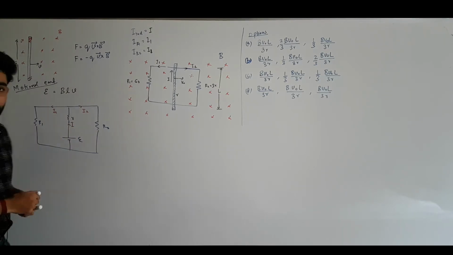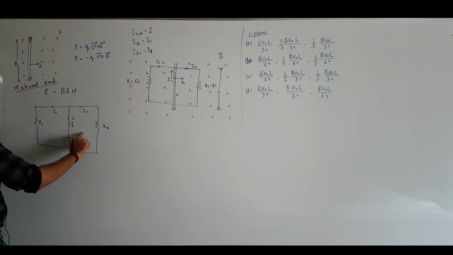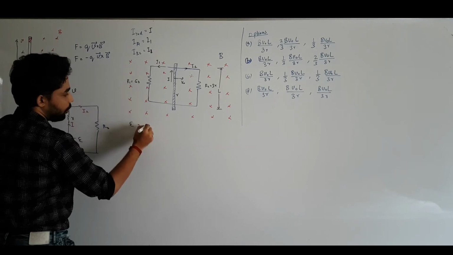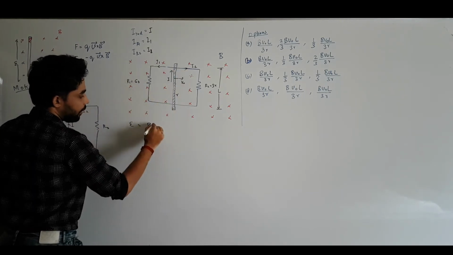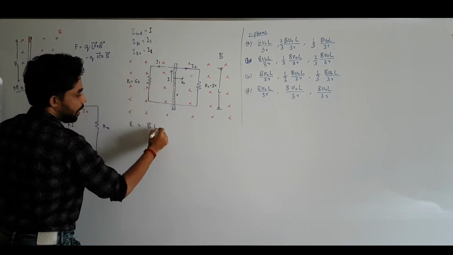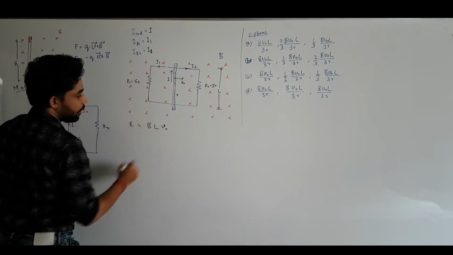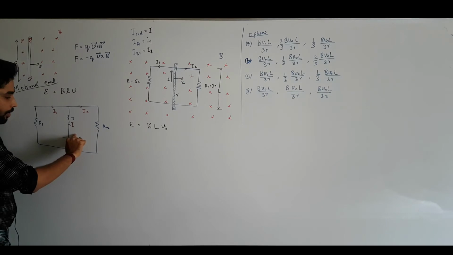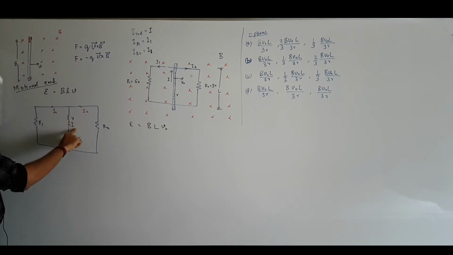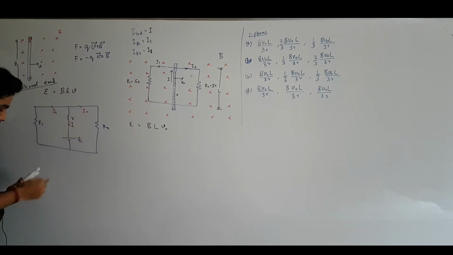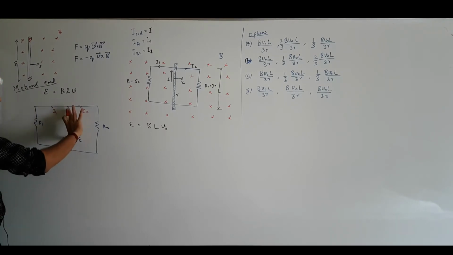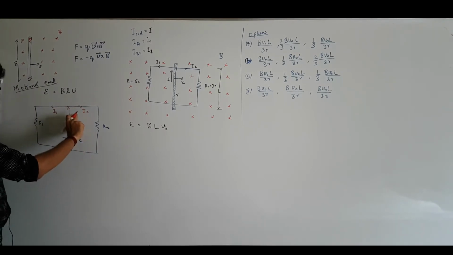Now we know that an EMF is induced, and in this case it is going to be B, the length of the conductor L, and the velocity V0. But since there is a current flow, the potential between these two points is not going to be E, since there is going to be a drop here.